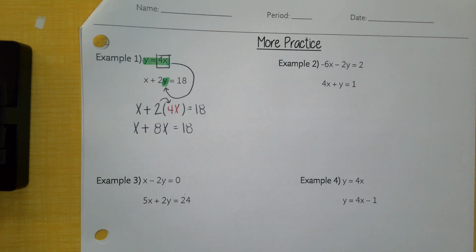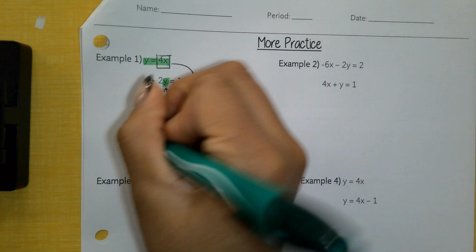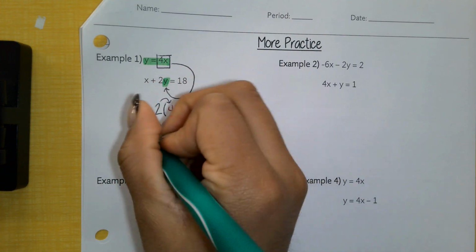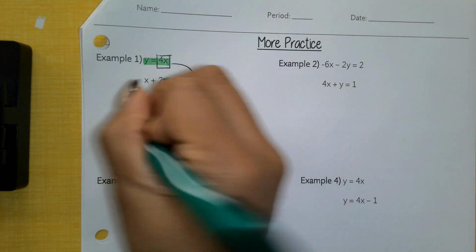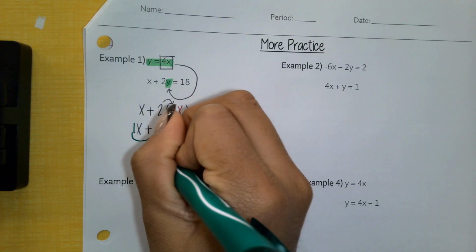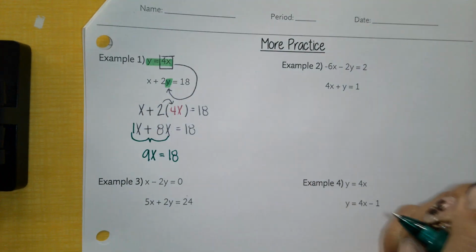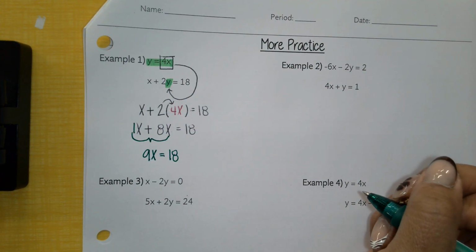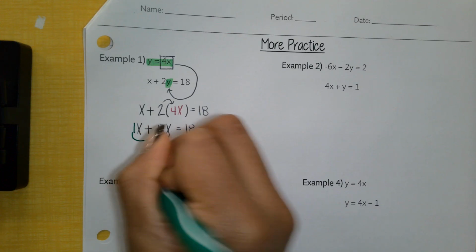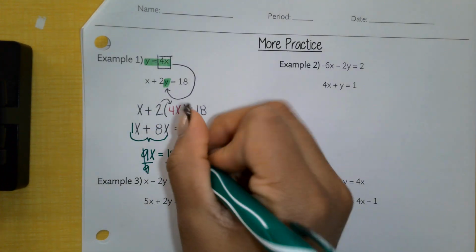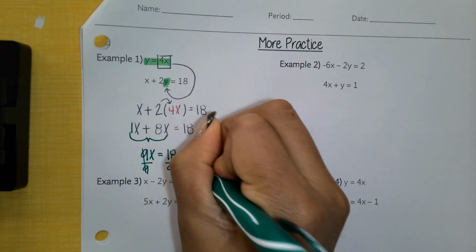You add them together. So 8x plus 1x will give me 9x is equal to 18. Then what's next? Divide by 9. So x is equal to 2.